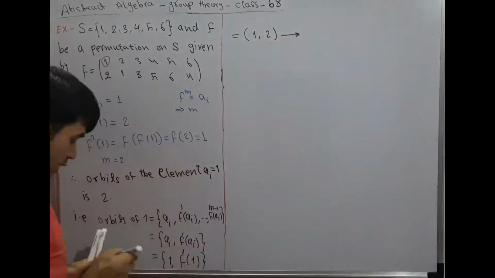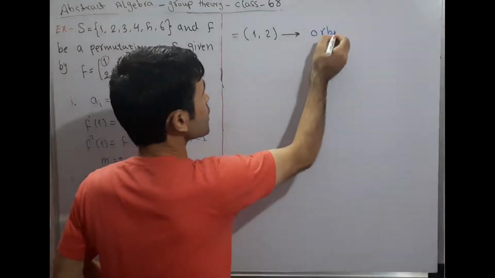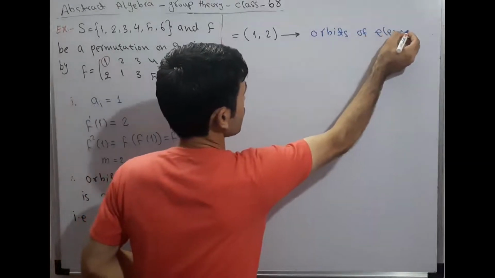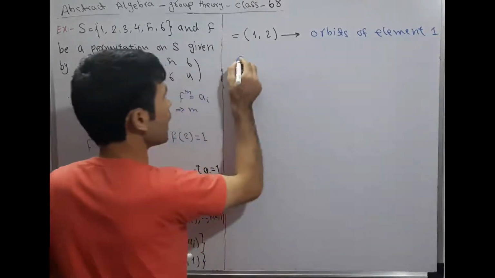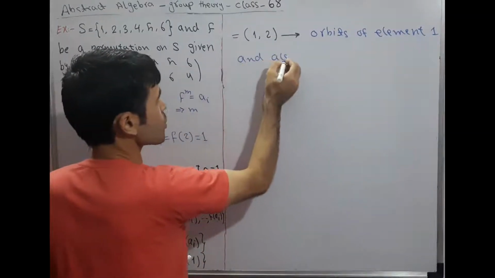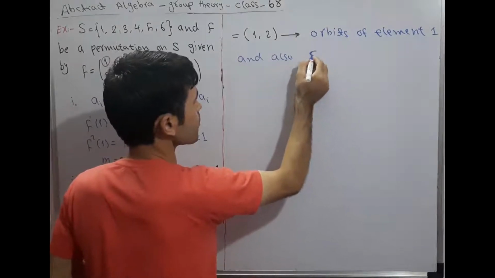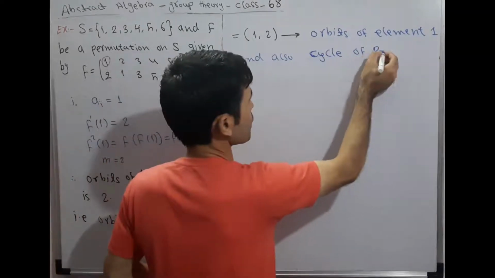This is the orbit of the element 1, and also the cycle of the permutation f.